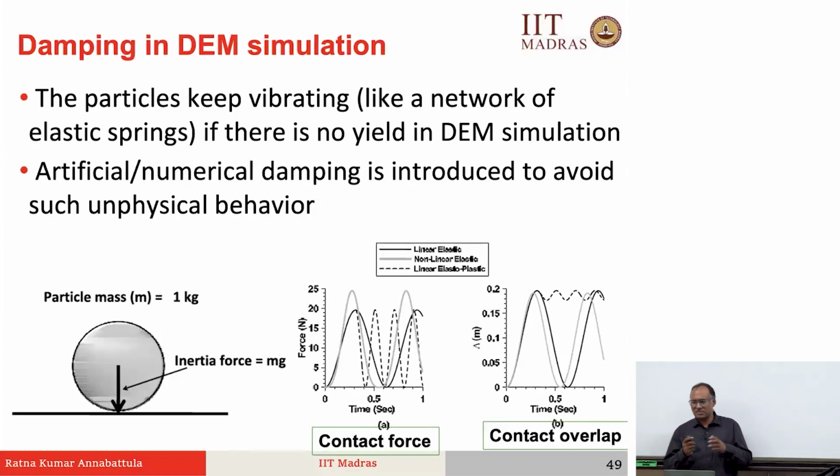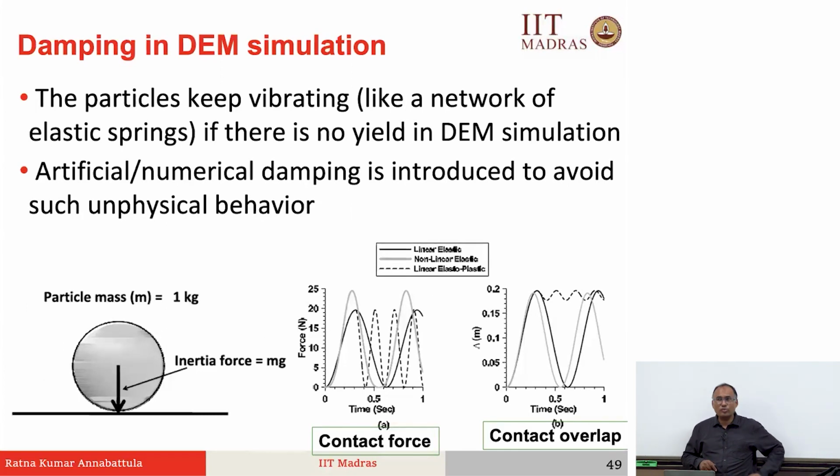So, the particles typically in a DEM setup, when you have only elastic interaction, keep vibrating if there is no damping in it. What is the meaning of that? Because you are applying a certain force, it is a dynamical system, it keeps oscillating between the displacements. But unless you have damping introduced into the system, there will not be any dissipation of energy, right.